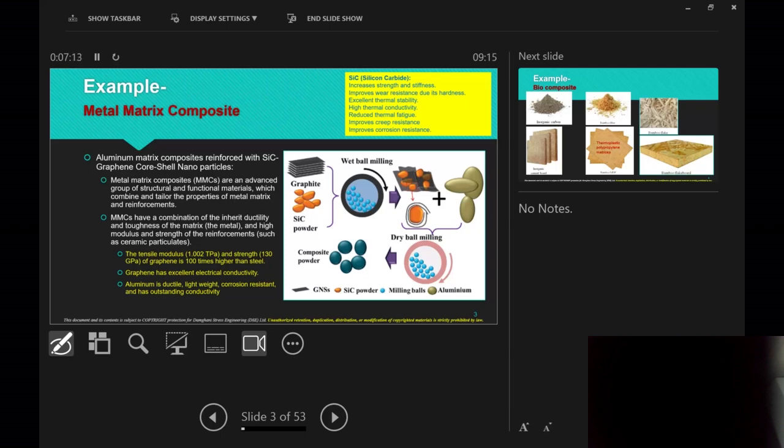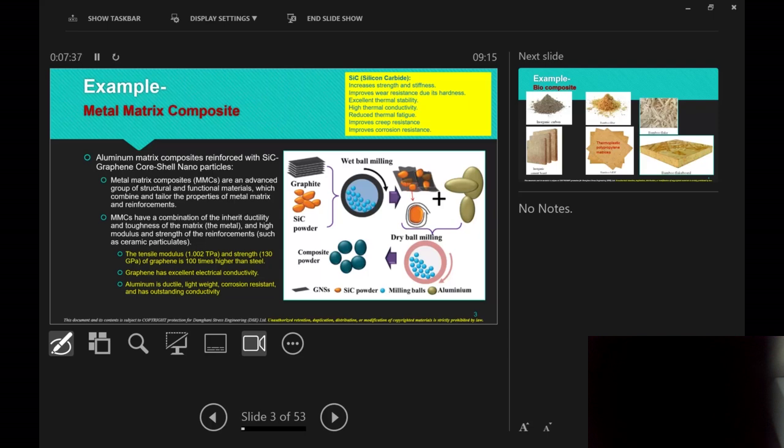The same with the graphite, combined together into reinforcements. So you can see graphite surrounding the silicon carbide, and it will come up with essentially a composite. And then you will have an aluminium matrix surrounding the whole structure, and they call it SiC, silicon carbide graphene core shell nanoparticles.